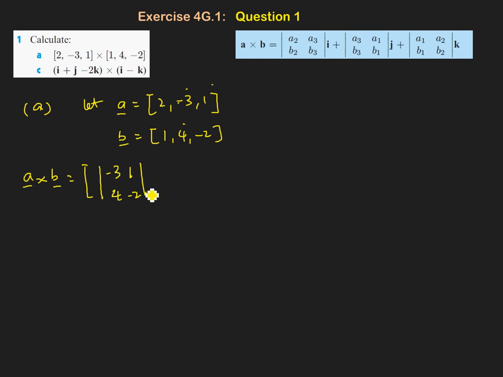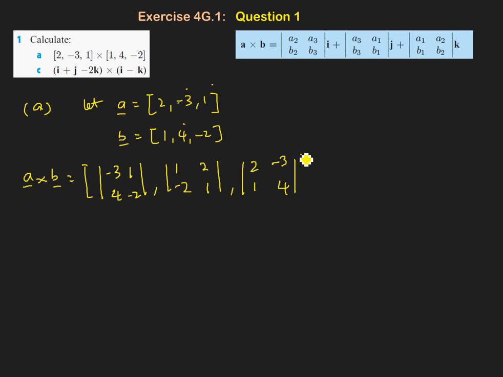The second component is A3, B3, so 1, -2, followed by 2, 1. And next is A1, B1, so 2, 1, and then A2, B2, so -3, 4.